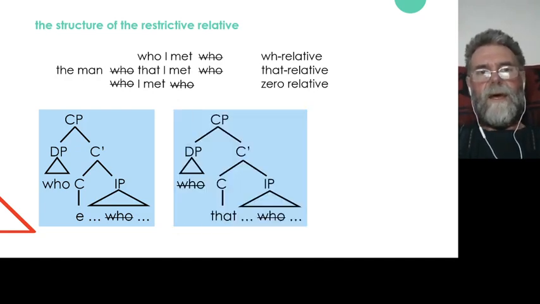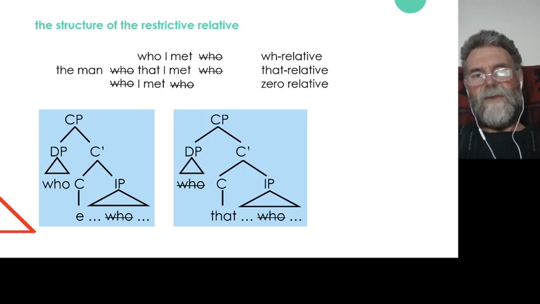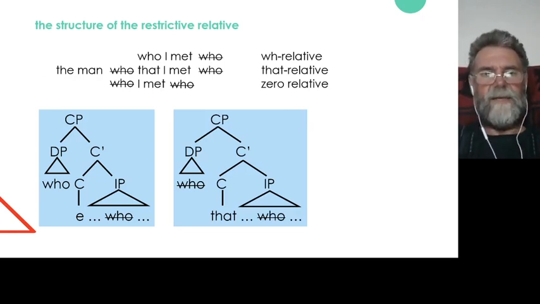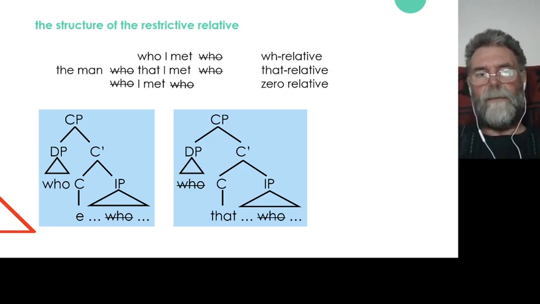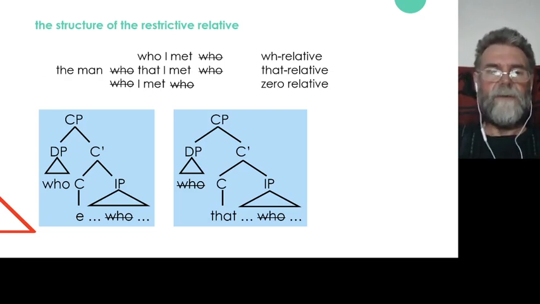If we think about what this means for those clauses, then we see that the that relative is simply a matter of choice of what gets pronounced in the CP. If we compare the that relative to the WH relative, in the WH relative we get a pronounced WH phrase but an unpronounced complementizer.